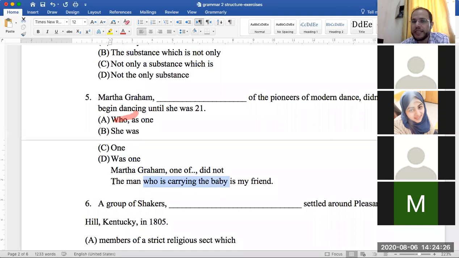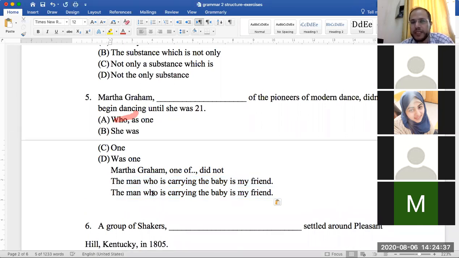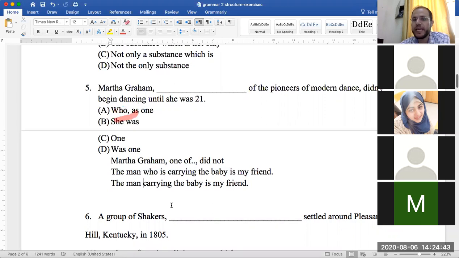The main clause is the man is my friend. Now you can turn this into a phrase by deleting the subject and the verb from the subordinate clause. How does it become? It's beautiful. The man carrying the baby is my friend. It makes your language even better in many ways.